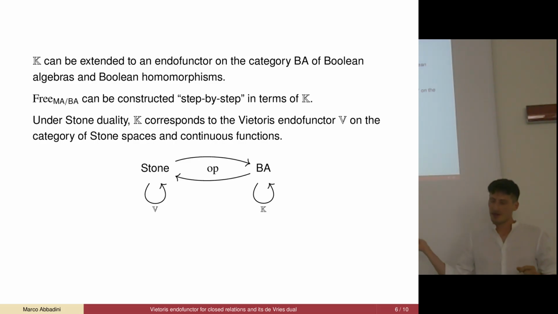And now the free functor going from Boolean algebras to modal algebras can be constructed step by step in terms of K. I'm not giving the construction here, but K is enough to construct this functor. And this K has also a nice behavior under Stone duality, because it corresponds to the Vietoris endofunctor on Stone spaces.